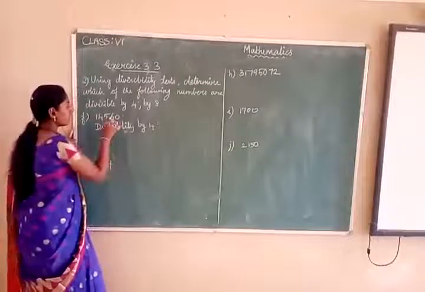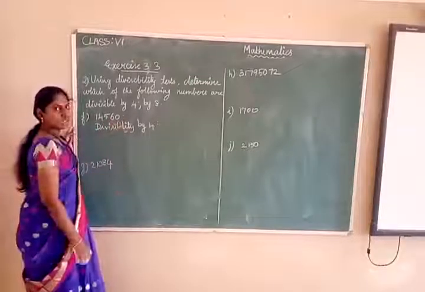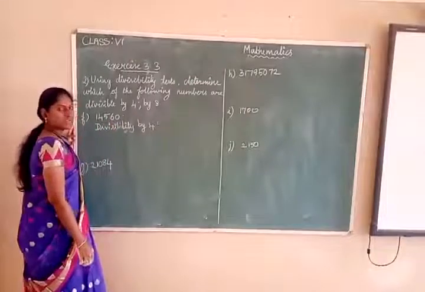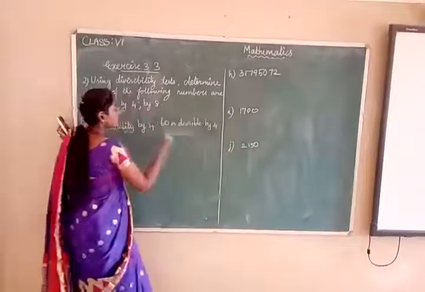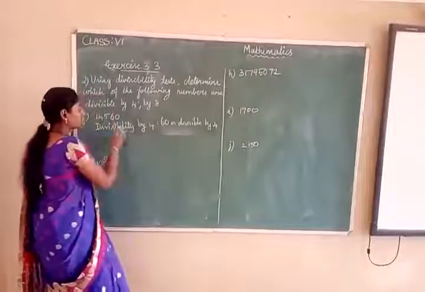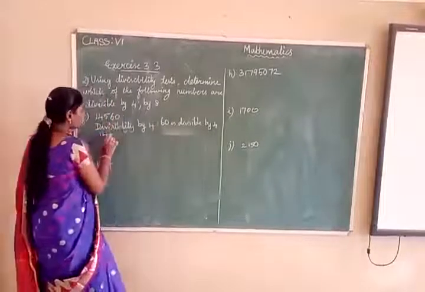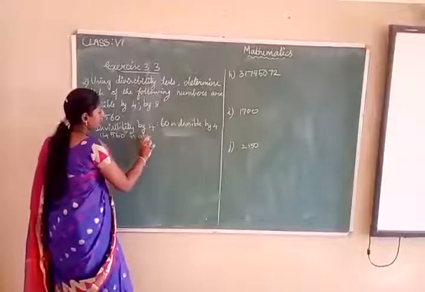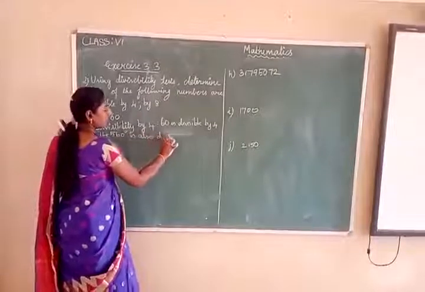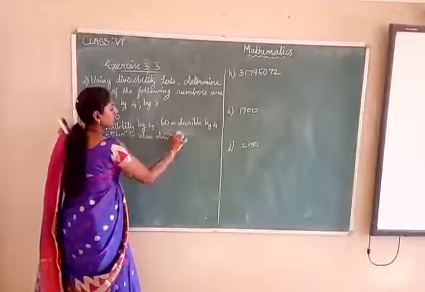Whether the last two digits are divisible by 4 or not. Will 60 come in the 4 table? Yes. 4 15s are 60. 60 is divisible by 4. So, 14,560 is also divisible by 4.